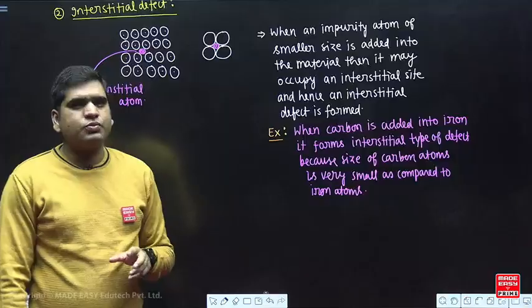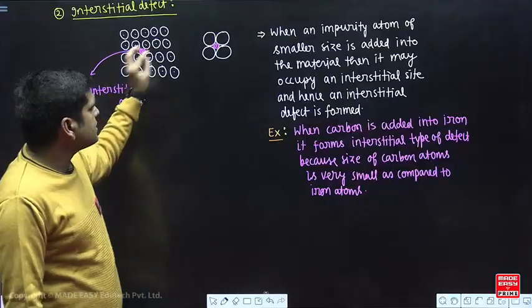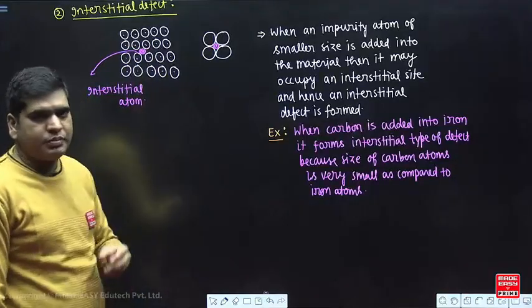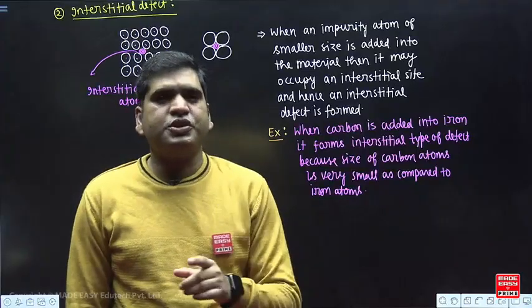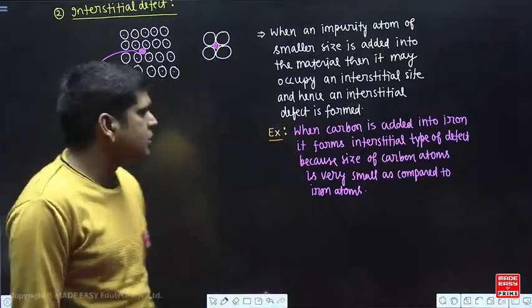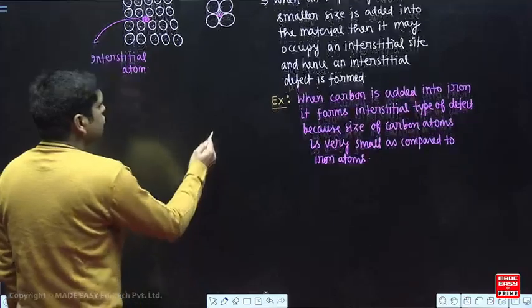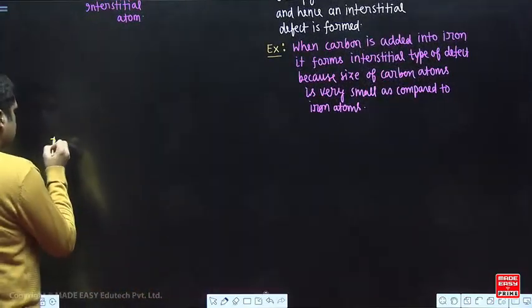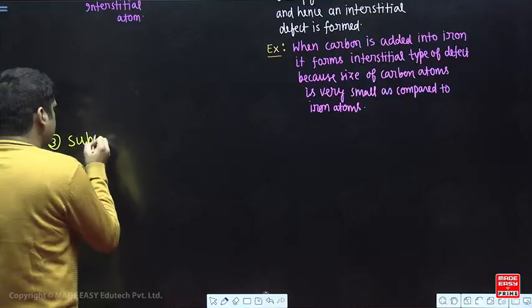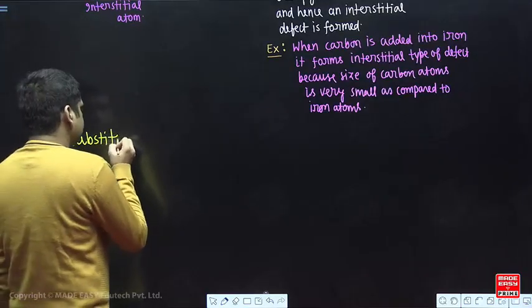So in that case, what will happen? The impurity atom will substitute any parent atom, any host atom, and this way a substitutional defect is formed. So the third one is substitutional defect.